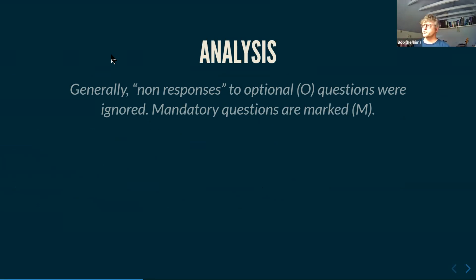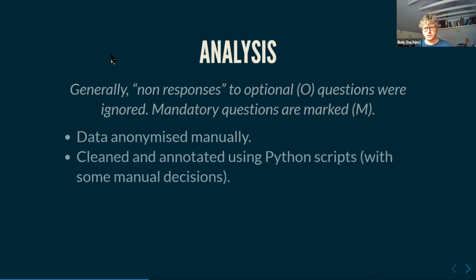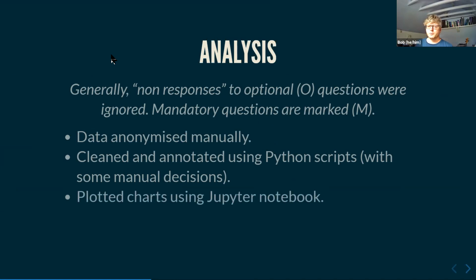Some general things to be aware of in the analysis: some questions were optional, some were mandatory, so I've marked these where I'm showing a chart. The data was anonymized manually before it came into my hands. I cleaned and annotated it using Python scripts, with some manual decision-making needed around the natural language that people used in some of their responses. I plotted the charts using Jupyter notebooks.